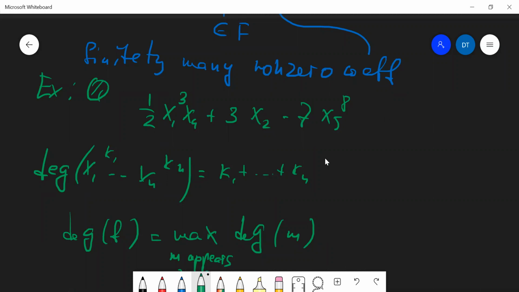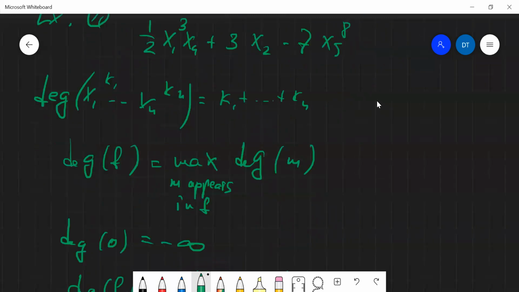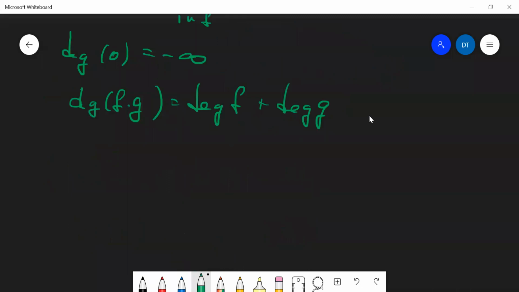But when we are given a polynomial in several variables, the total degree is not enough. For example, when we consider something like x plus y, the degree of the first term is 1, and the degree of the second term is 1. So who is the highest? It's unclear.